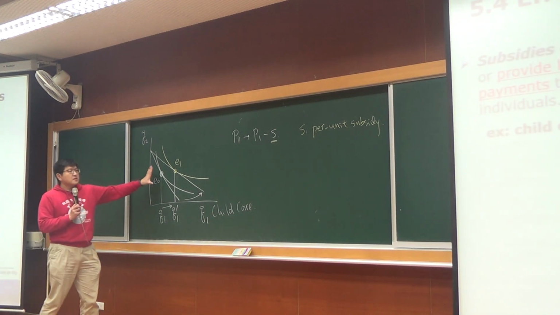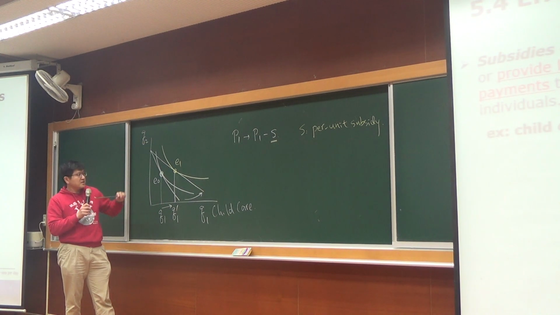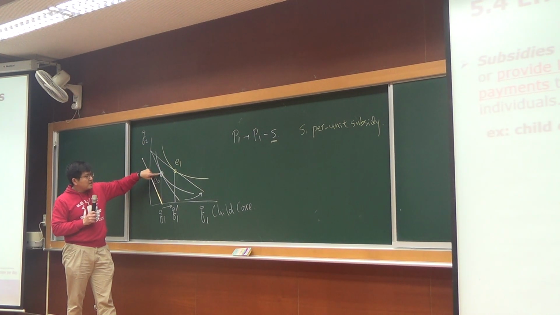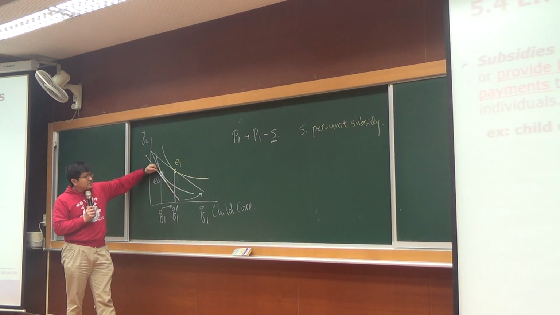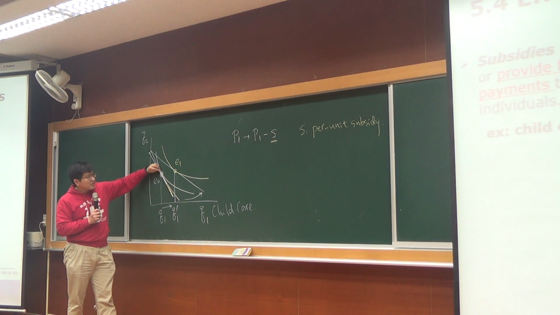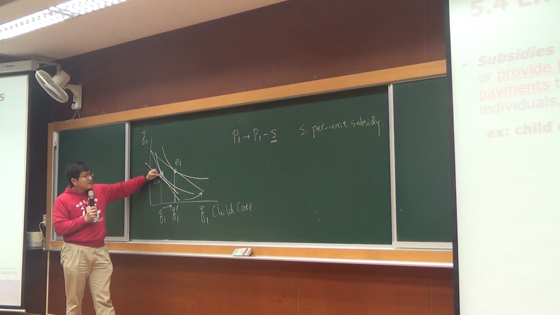So there are two effects here. From E0 to E1 is the price effect, right? And the pure substitution effect should be negative, which means when the price becomes cheaper, then we consume more.